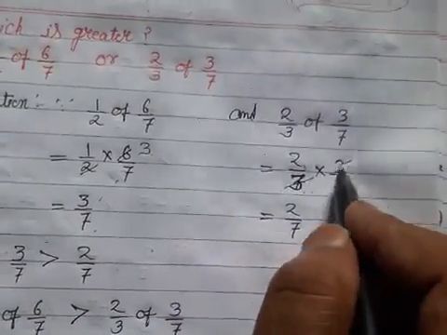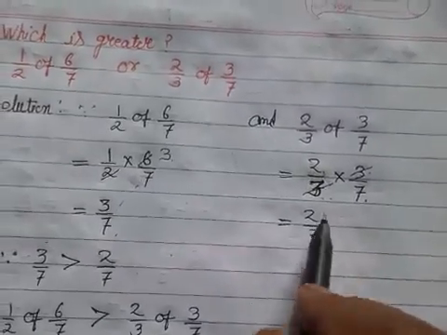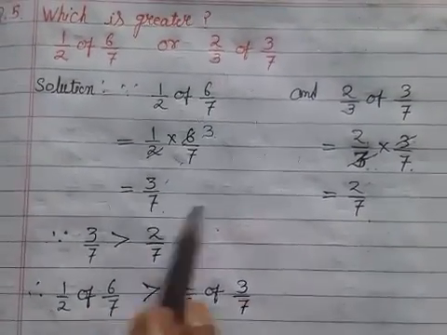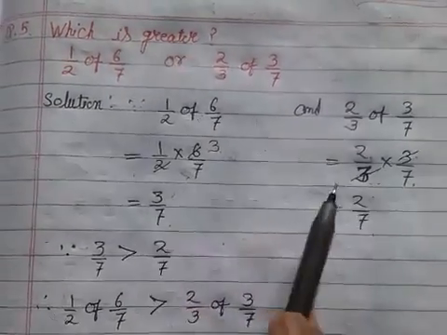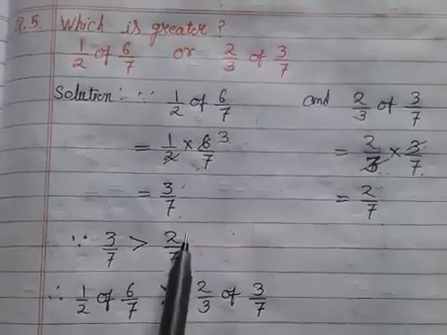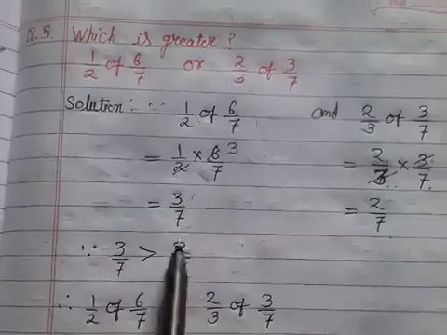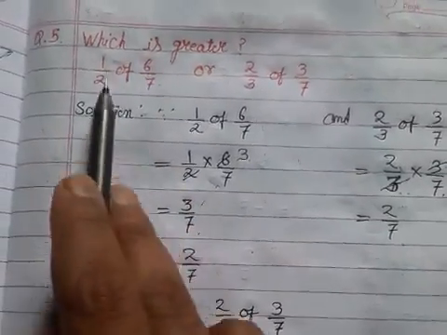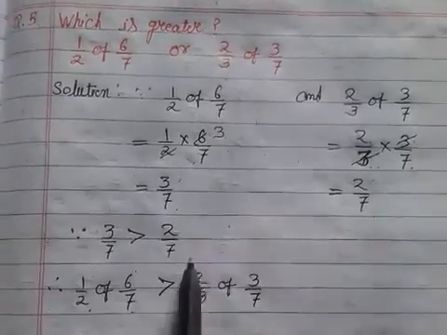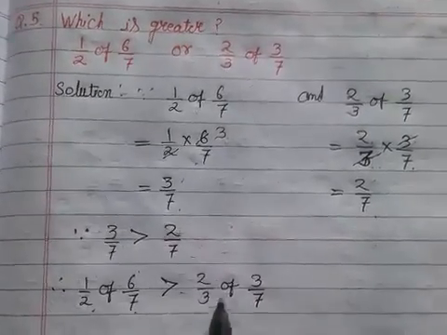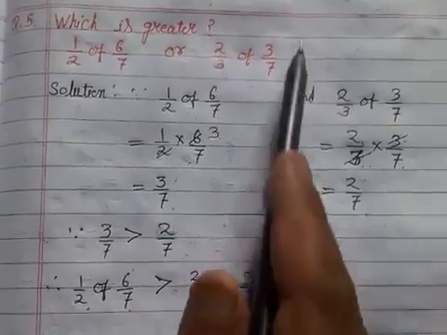We cancel 3 3 simply. So we get 2 by 7. Now both the denominators are the same, so whose numerator is greater? 3 by 7. So 3 by 7 is greater than 2 by 7. From where does 3 by 7 come? It comes from this. So 1 by 2 of 6 by 7 is greater than 2 by 3 of 3 by 7, because 2 by 7 comes from this.